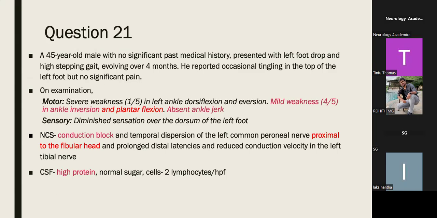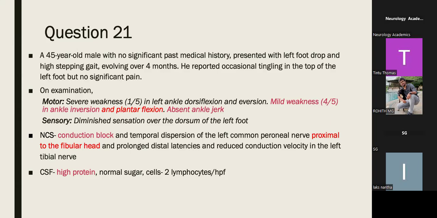Also, NCS shows conduction block with temporal dispersion of the left common peroneal nerve, which is proximal to the fibular head. Fibular head is the common site for a conduction block. It is proximal to fibular head, and there is also prolonged distal latencies and reduced conduction velocity in the left tibial nerve as well.